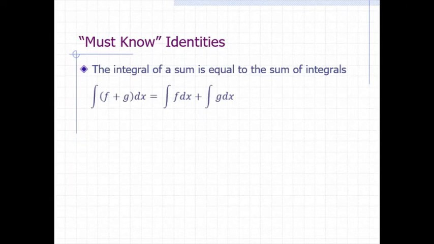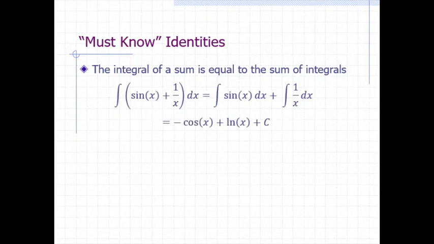Here's a couple of identities that you should know by heart so that you can integrate more complicated functions. The integral of a sum is equal to the sum of integrals. Here's an example. Here, our integrand is a sum of two functions, sine of x and 1 over x. We can write this integral as a sum of two integrals.